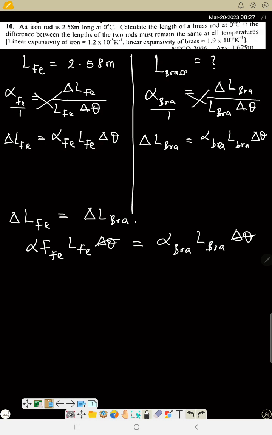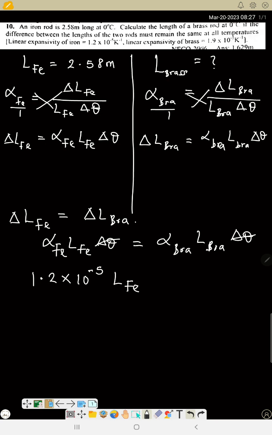So now if theta is not there, what is alpha for iron? Linear expansivity for iron is given in the question. So linear expansivity of iron is 1.2 times 10 raised to the power minus 5, as given.